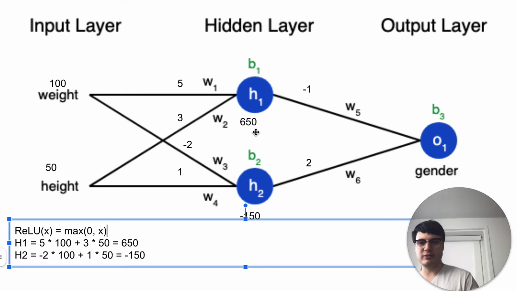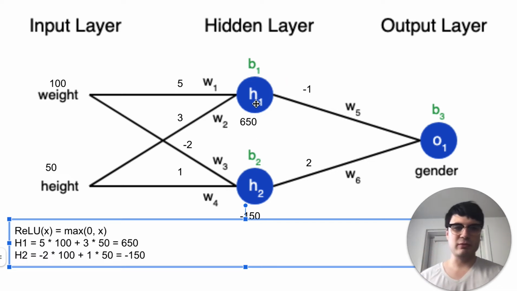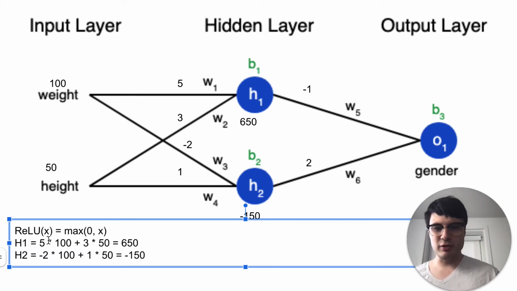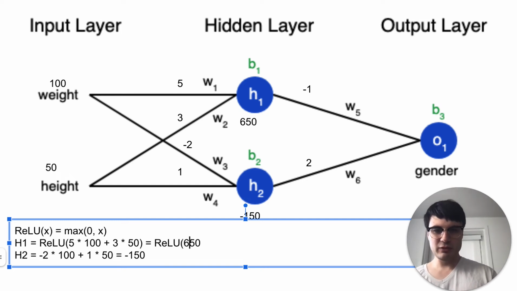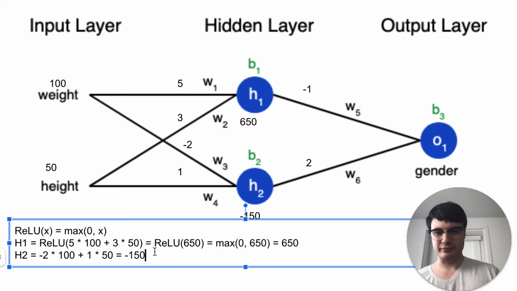So for example, if we apply ReLU activation to H1, which we do because we do it for every hidden node, it's going to be the max of 0 and 650, which is 650. So okay, H1's value is 650.